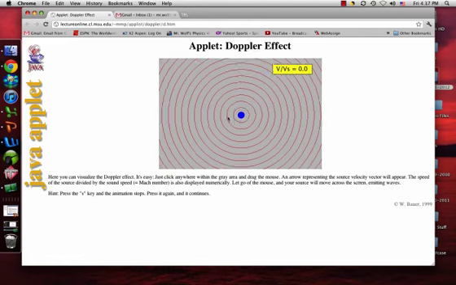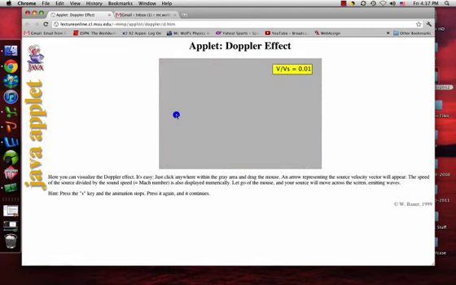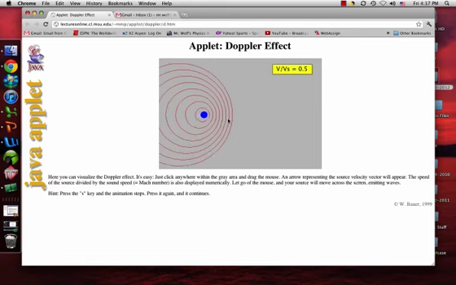Now, stop that, and what I'm going to do is set this moving. The source is moving at half the speed of the sound. So here we go, and if we notice here, we get this buildup of waves in the front.